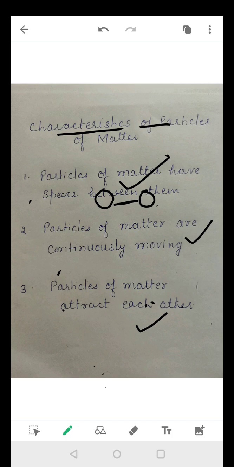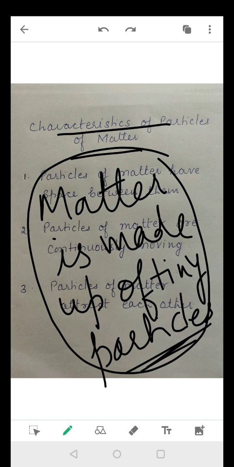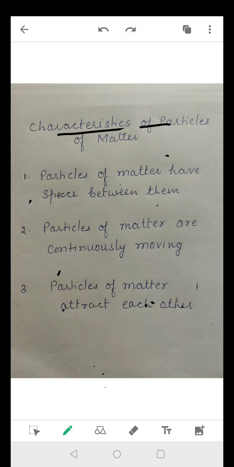No. Right? Because the particles attract each other. Very good. So there are three characteristics of matter: particles of matter have space between them, particles of matter are continuously moving, and particles of matter attract each other.